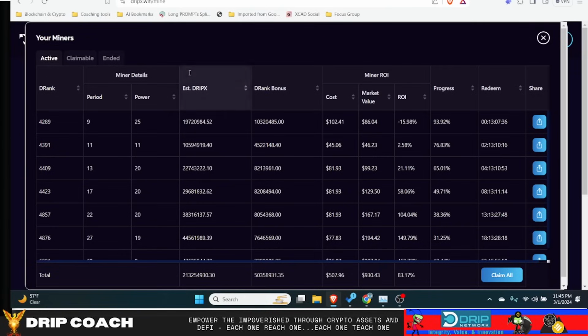So as your miners mature and you have DripX, the goal, of course, is to stake it. However, they're not pigeonholing people into the community, like forcing you to stake. So you will be able to still exit via Wrap Drip and DripX, as well as now a larger pool of Wrap Drip and Wrap BNB.